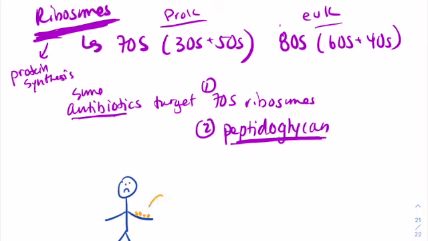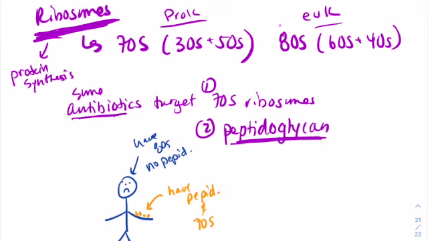Well, the bacteria have peptidoglycan and 70S ribosomes, whereas the human cells have 80S ribosomes and no peptidoglycan.